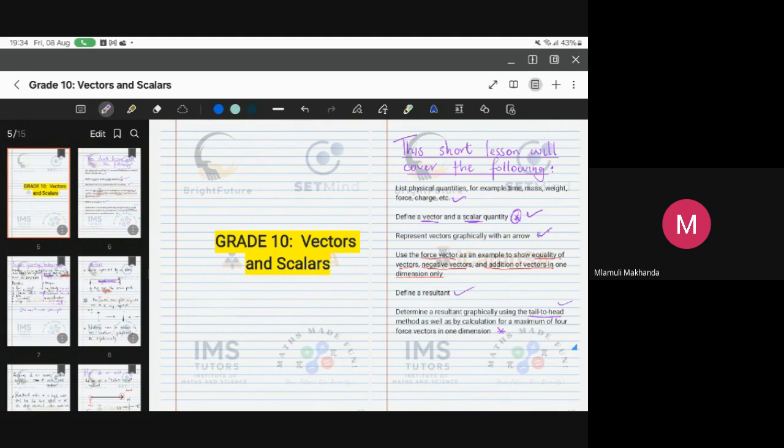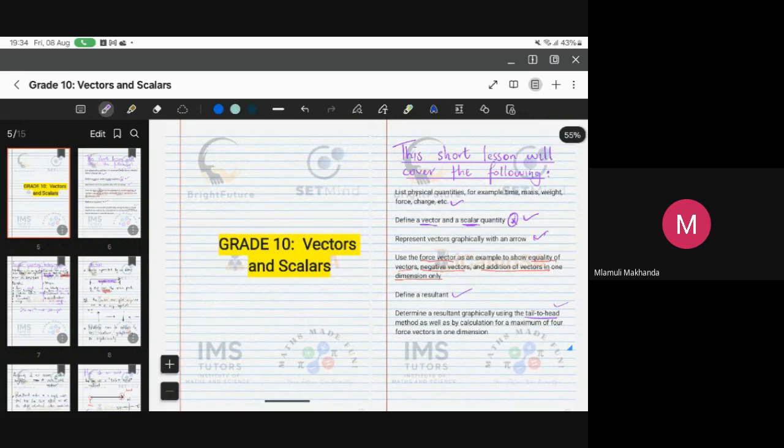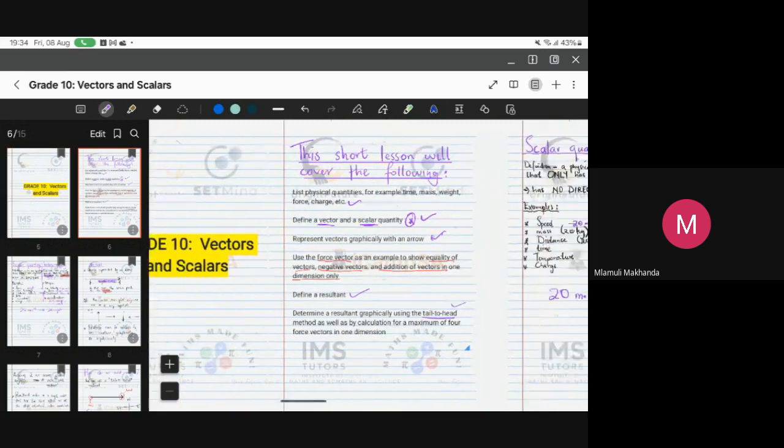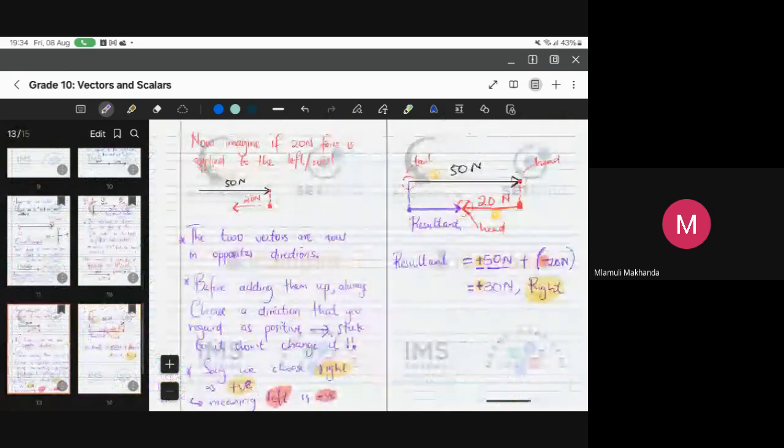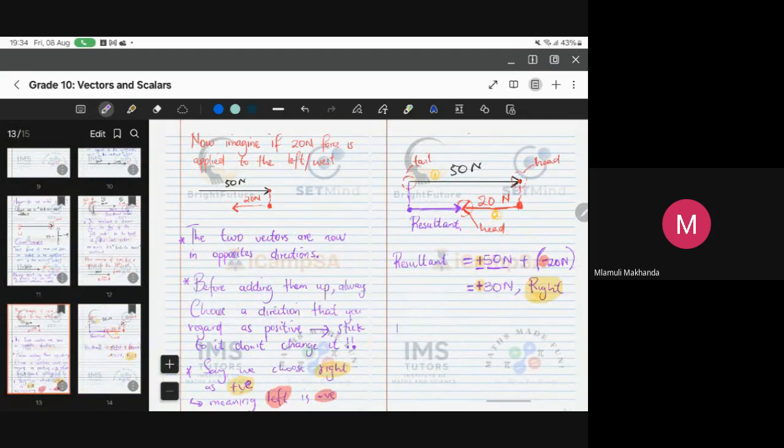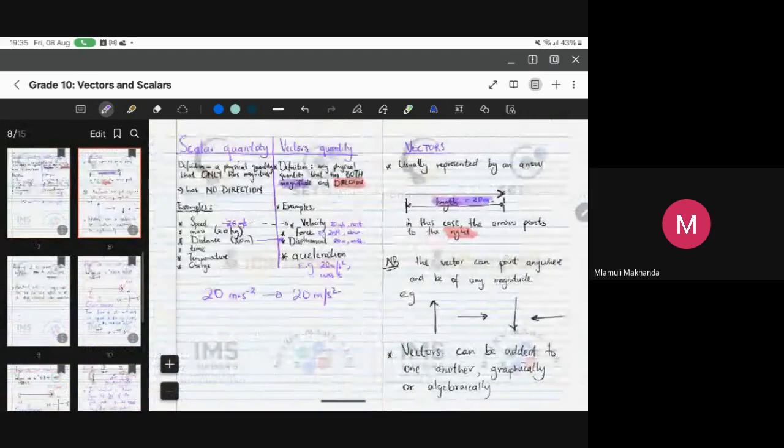We haven't done more than two vectors yet. I think we can do it on the next lesson. For this lesson, just to make sure you have the brief idea of what vectors are, let's leave it here. We will do more on our next lesson. So let's leave it here for today. Let's leave it here for now. We'll cover more on the next lesson.